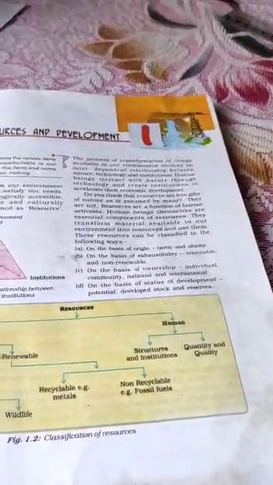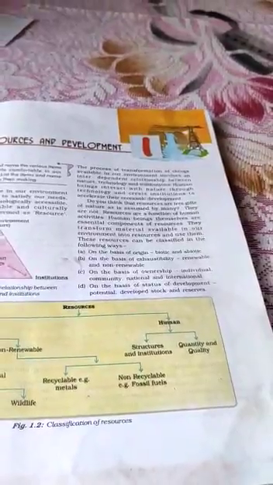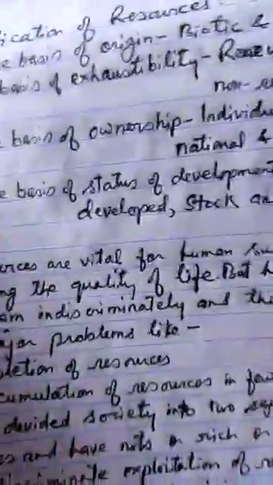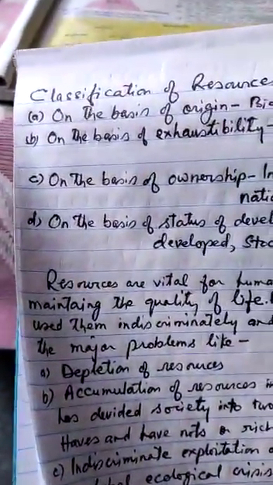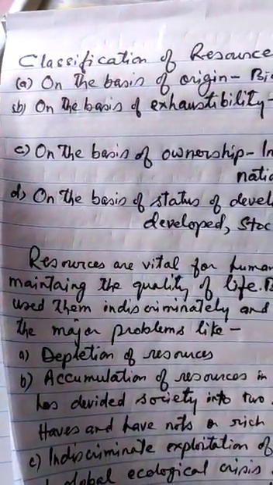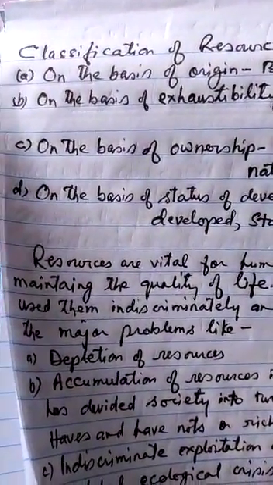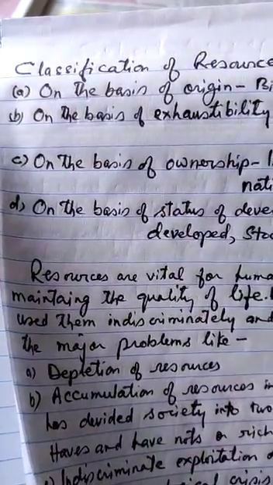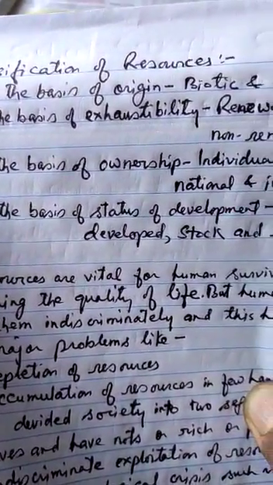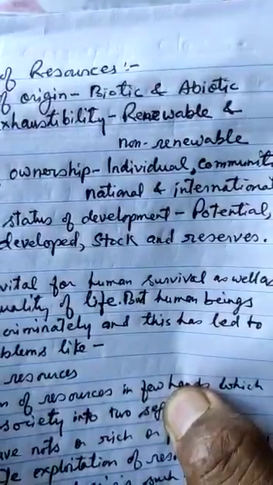So there is another classification through which we can classify resources. You can see I made some notes here for you. Resources can be classified in four ways. Firstly, on the basis of the origin, that is biotic and abiotic.